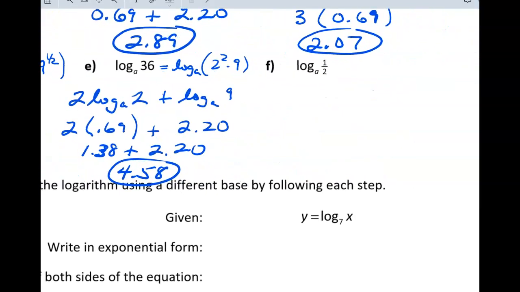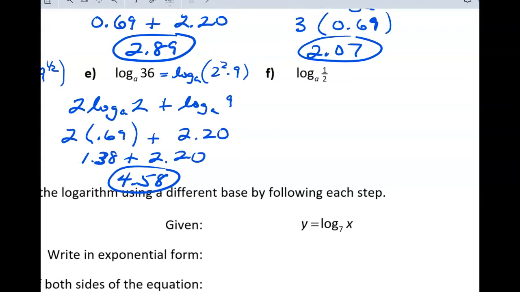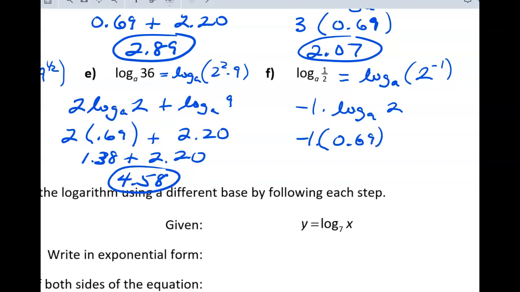And the last one, log base a of 1/2. This is the log base a of 2 raised to the -1 power. So this will be -1 times the log base a of 2, or -1 times 0.69, which is -0.69.